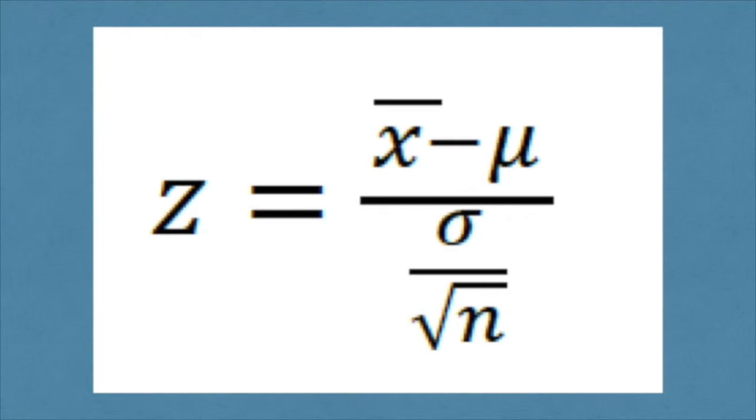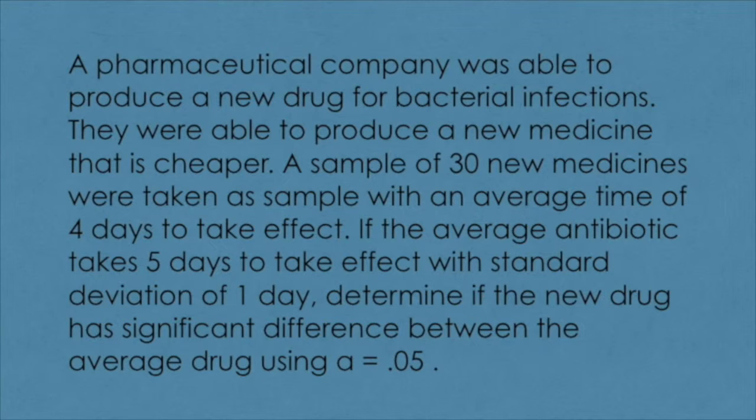Step 6. Calculate the test statistic and compare it with the critical value. This is the formula for the z-test. To solve for the statistic, we will input the values on the corresponding variables. X bar denotes the sample mean, in which the mean of the sample is taken in the research.